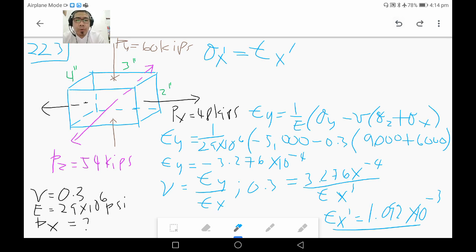So, therefore, pwede nating ilagay na direkta yung 1.092 times 10 to the negative 3. Times natin sa E, which is 29,000 times 10 to the 6.